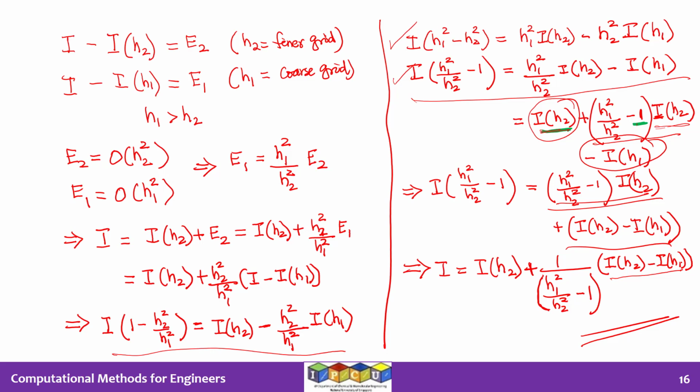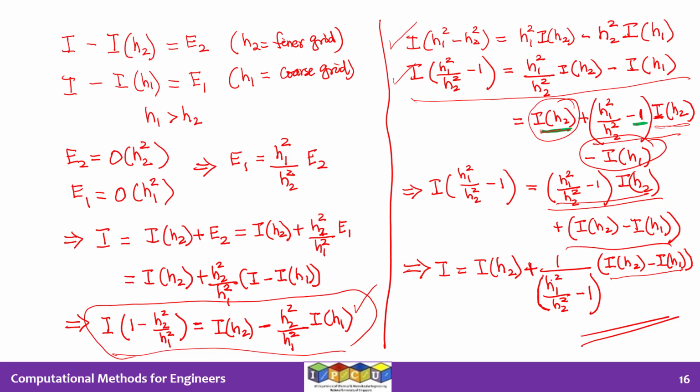This is the expression for I, expressed in terms of IH2, IH1, H1 and H2. So this expression is also right, except that it is in a different form compared to this. So there is nothing wrong about this expression and writing I in a different way. Nothing wrong with that at all. I've just done some extra processing to put it into this particular form.